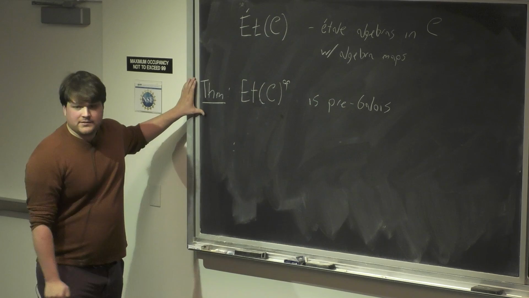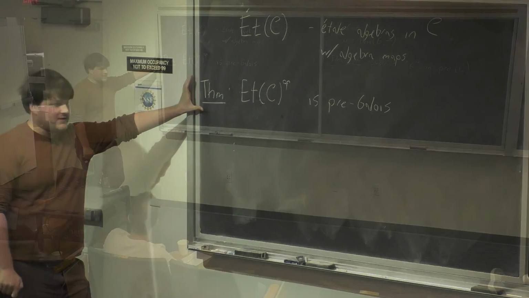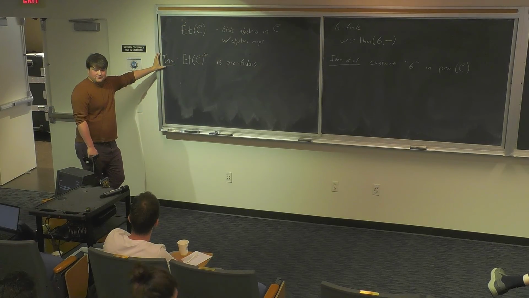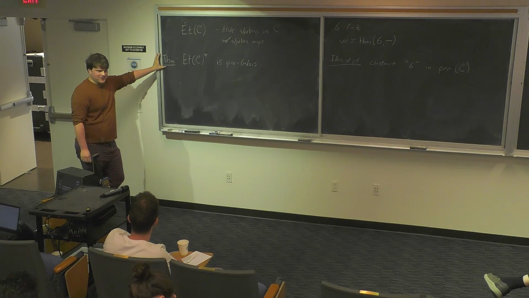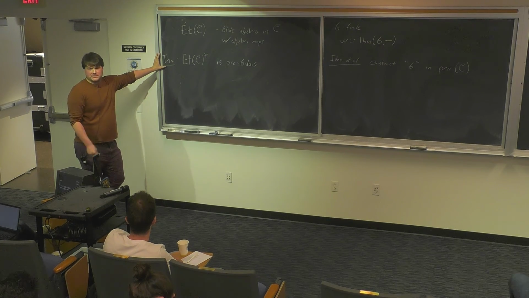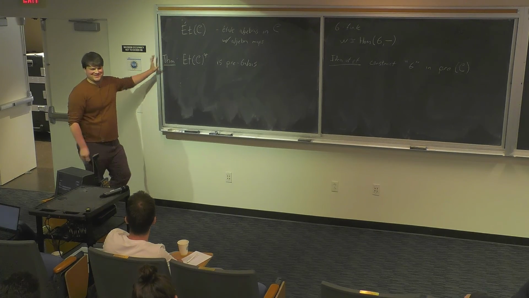But that's the main takeaway here: the étale algebras, the Frobenius algebras in a pre-Tannakian category, always come from an oligomorphic group. And we think of the associated oligomorphic group as being something like the component group of your group. So maybe I'll let you guys ask questions.